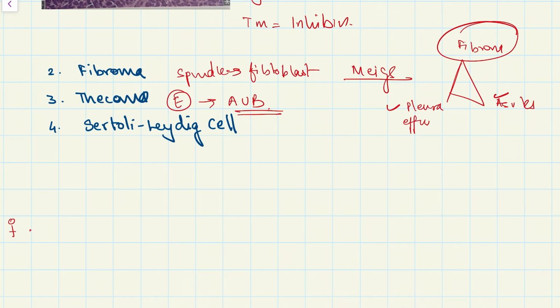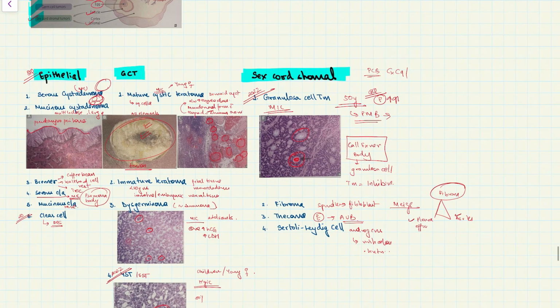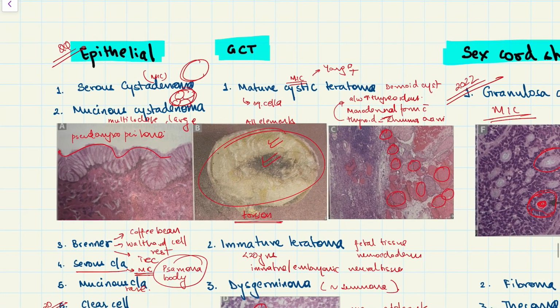It may produce androgens and it leads to virilization in females, that is hirsutism, male pattern baldness, clitoral enlargement, etc. Now CA-125 is used for the prognosis of epithelial tumors or ovarian tumors, but it is not useful for the diagnosis, right?